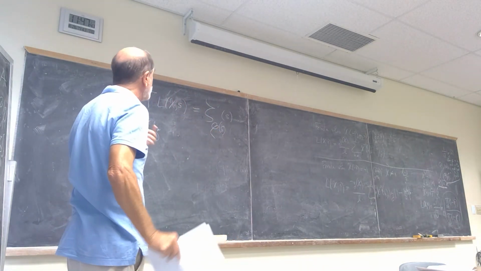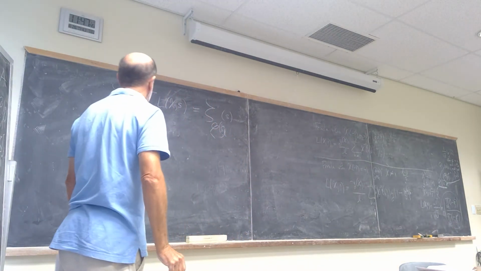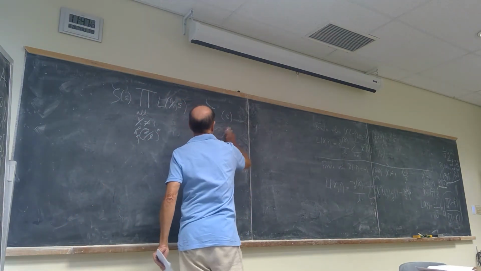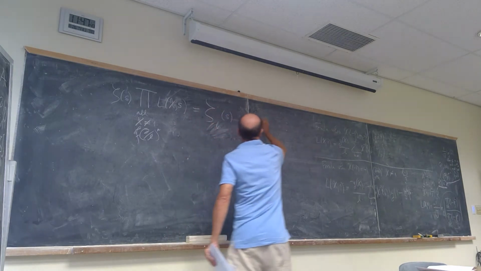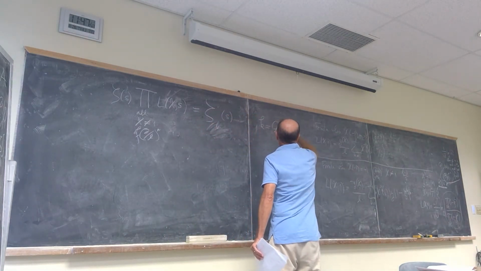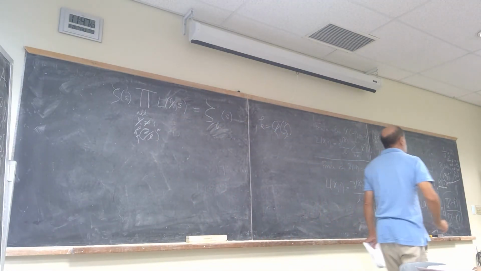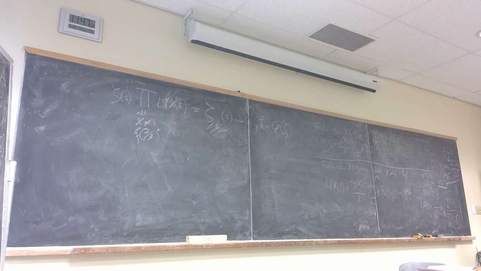So you got the zeta function of the cyclotomic field of L roots of unity, and maybe I'll put a zeta Ks, where K is Q. So this says that this is equal to the zeta function of Q times the L function of the quadratic character.